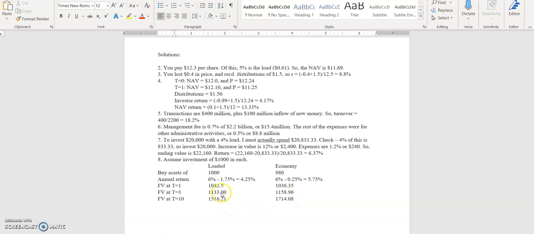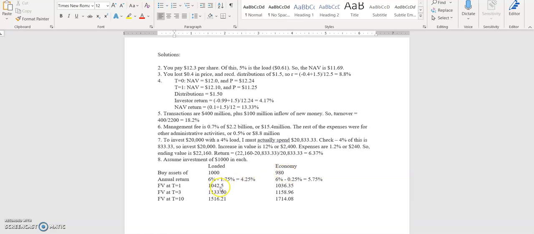Okay. So what you can see is, if you are investing for the short term, maybe the loaded fund is better. Okay, because you're going to end up with more money. But if you have a longer horizon, then the economy fund is better. Why does that happen? Because when you're looking at a very short horizon, you're going to pay this load of 2%, which essentially acts like a cost.